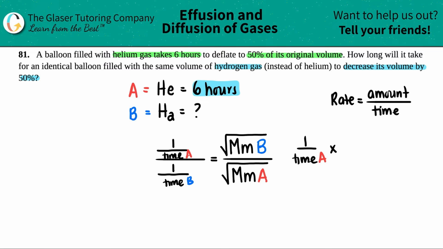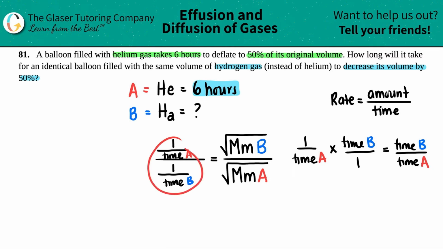So it would be time B divided by 1. And if I just simplify this, remember when we multiply fractions, we multiply the numerator and the denominator. So this would just be basically time divided by time. But now B is on the top, and A is now on the bottom.